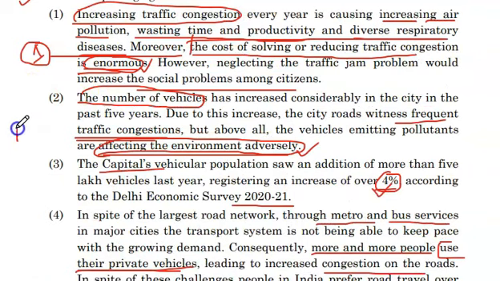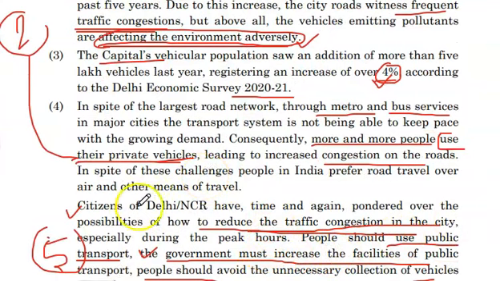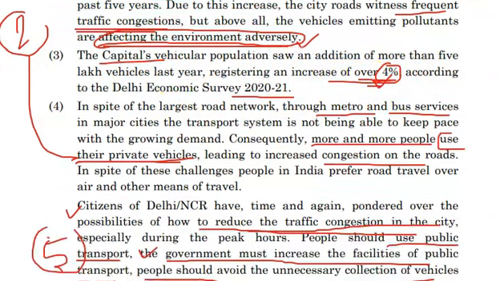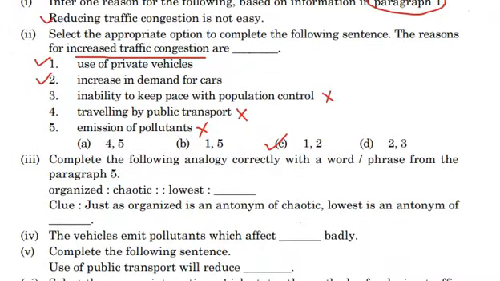This question has been taken from here, and another reason can also be given. So this is one measure, and demand shows this increase in demand. So this can also be given. So this is the answer to your question.